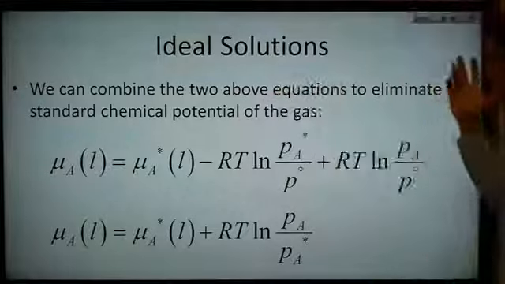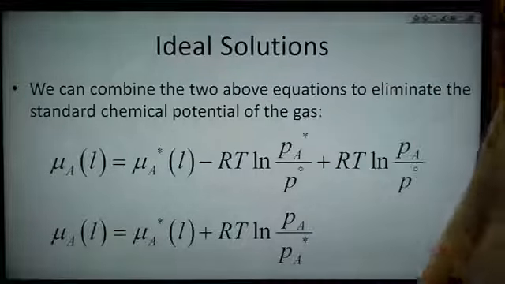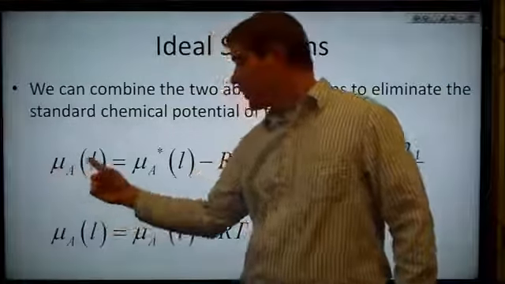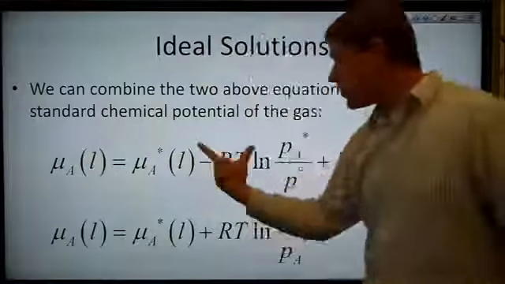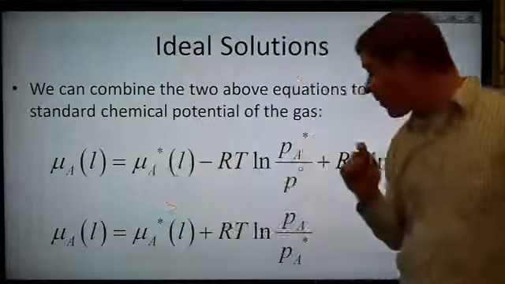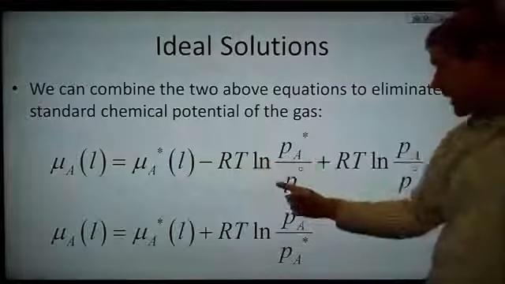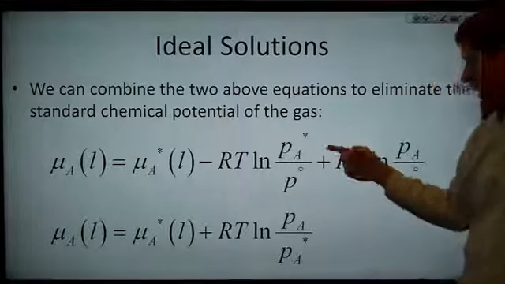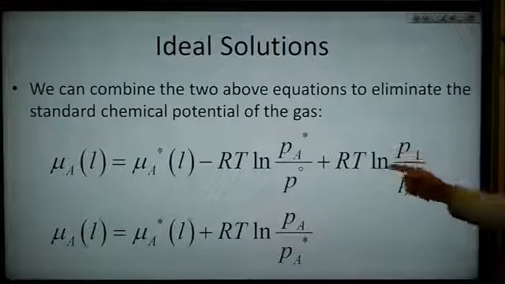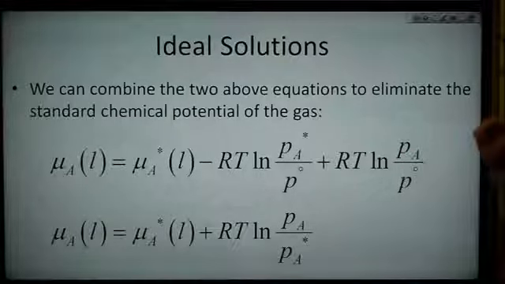And now we can combine the two equations to eliminate our standard chemical potentials of the gas. So we get the chemical potential of the liquid in the mixture is equal to the chemical potential of the liquid in pure form minus RT times natural log of PA star over P naught plus RT times natural log of PA over P naught.